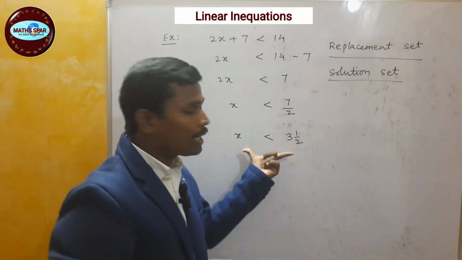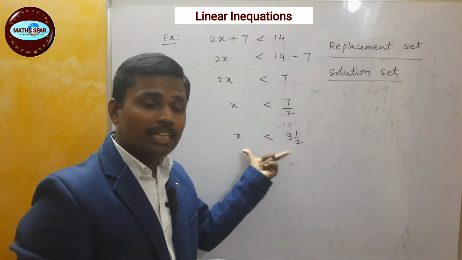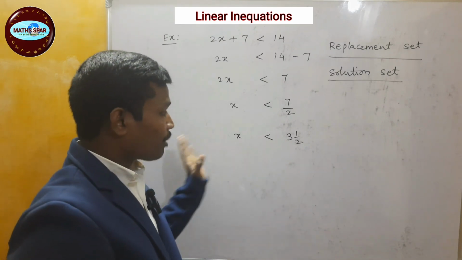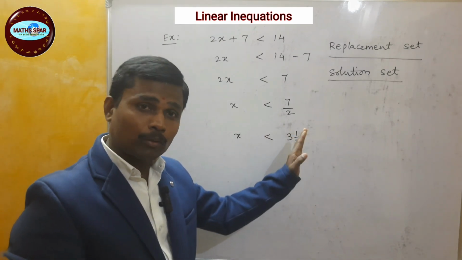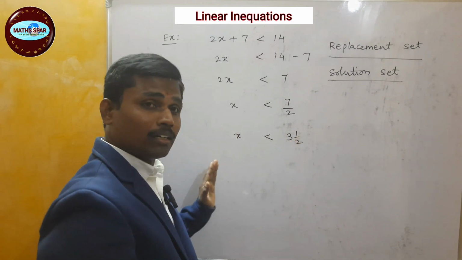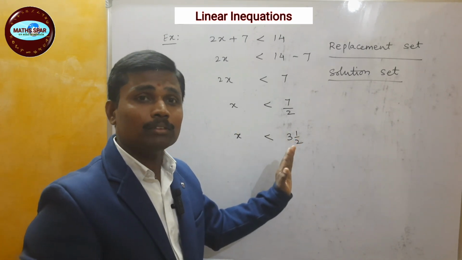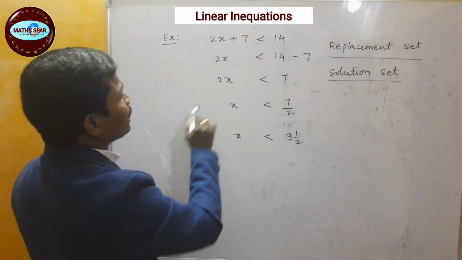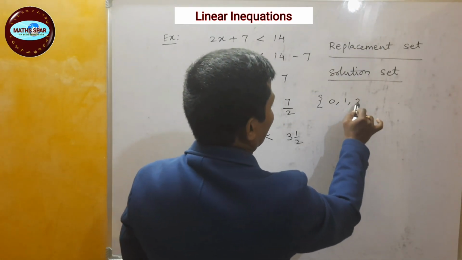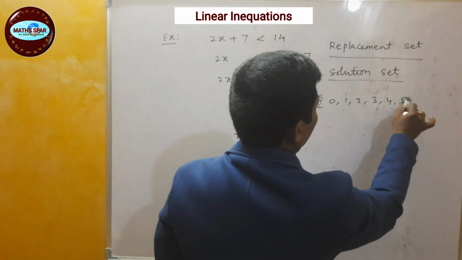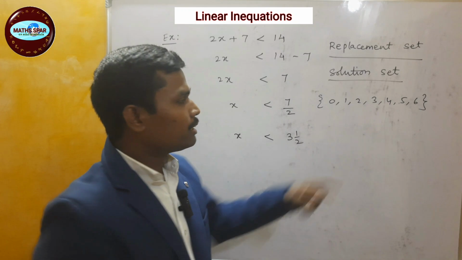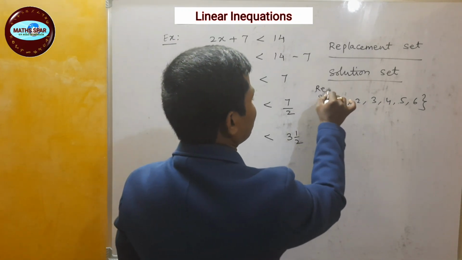So here what will come under this? x less than or equal to 3 1 by 2. From a negative number up to 3 1 by 2 can come, or 0 to 3 1 by 2, or 1 to 3 1 by 2. So if a replacement set is given like 0, 1, 2, 3, 4, 5, 6, this is called a replacement set.